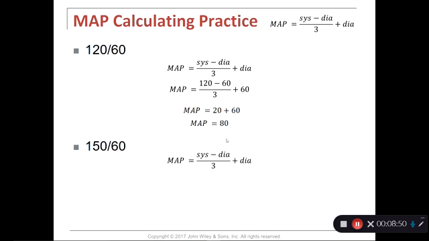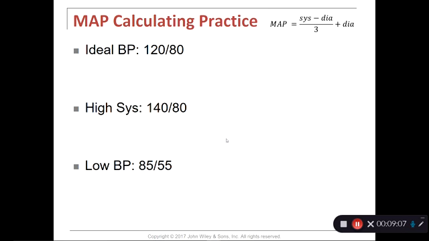Let's try 150 over 60. We take systolic minus diastolic, divided by 3, plus diastolic. Plug that in. 90 divided by 3 is 30. 30 plus 60 is 90. Okay, so let's go ahead and apply these calculations real quick to the ideal BP, what we consider high systolic and what we consider low BP.